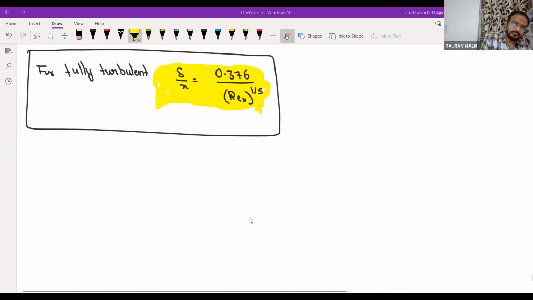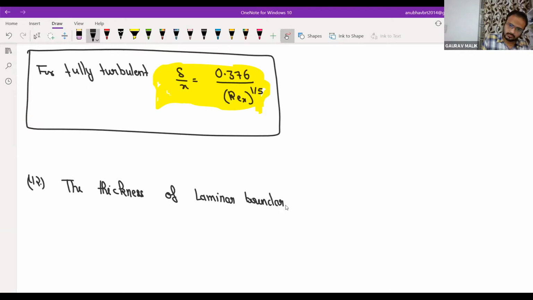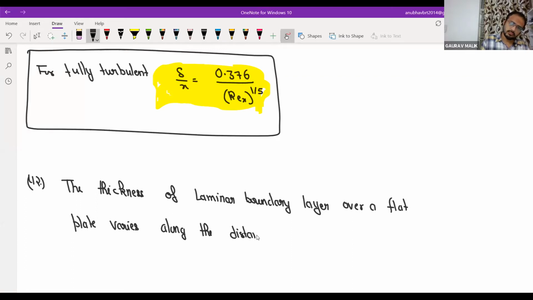Write down question number 42. The thickness of laminar boundary layer over a flat plate varies along the distance from the leading edge of the plate.